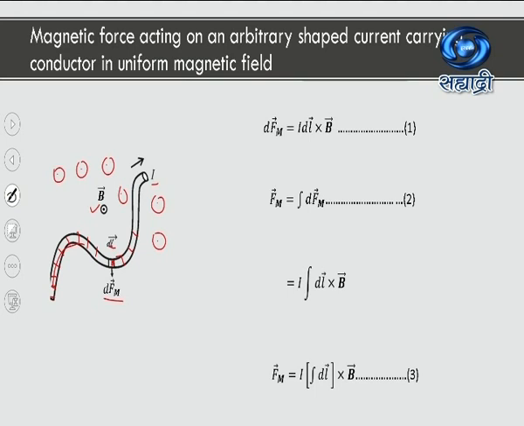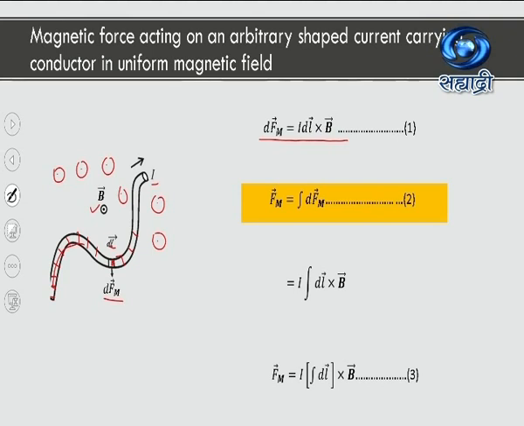From the previous article, we can write this small magnetic force as dFm equal to I vector dl cross B, equation number 1. I want to find the net magnetic force acting on the total length of this arbitrary current carrying conductor. So can we say the total magnetic force Fm should be equal to the integration of all these small magnetic forces acting on the n number of length segments from beginning to end?